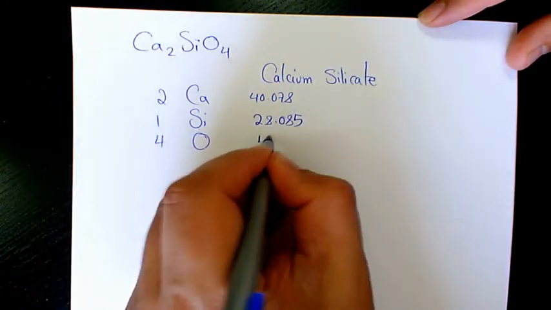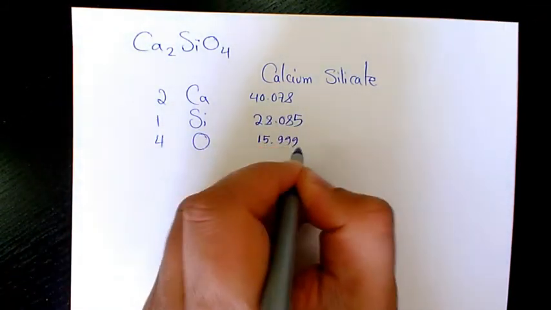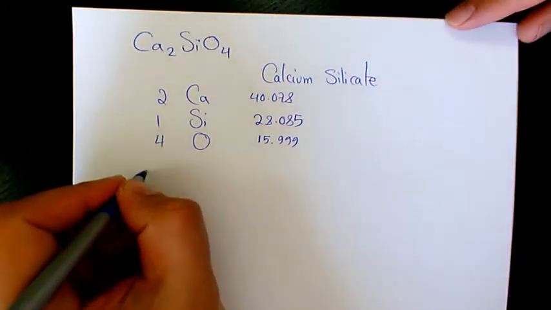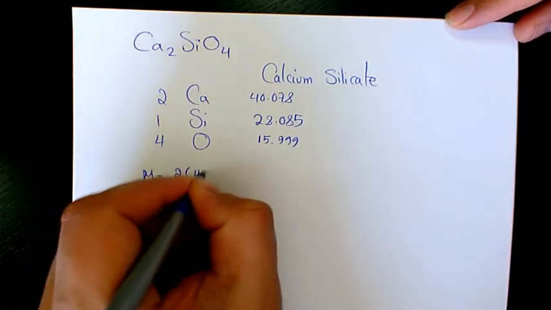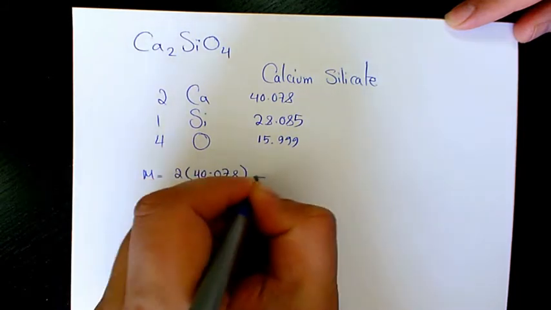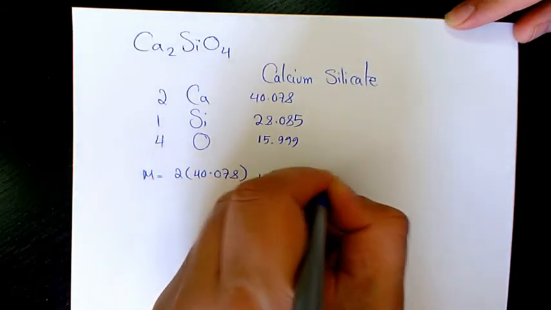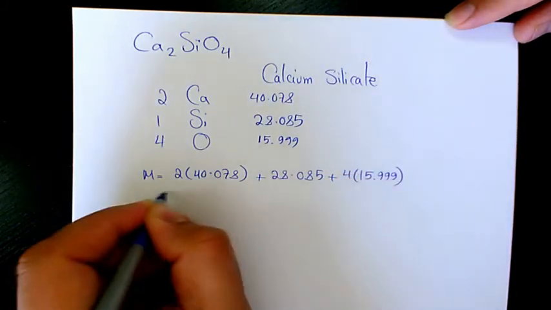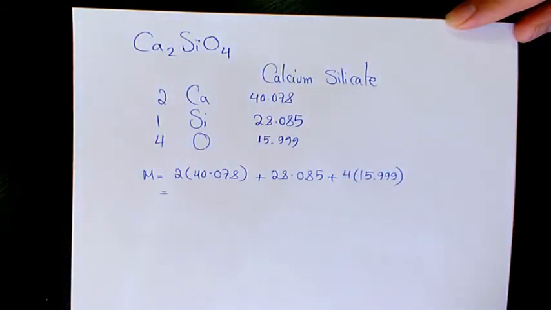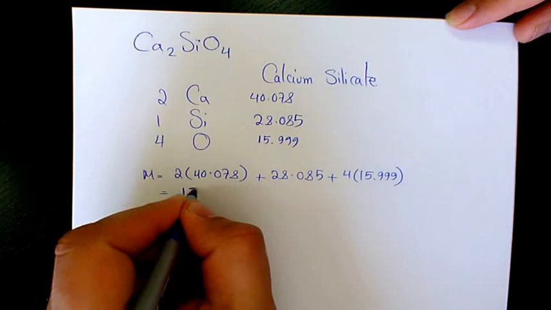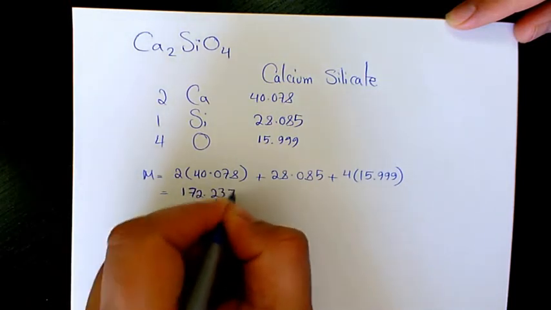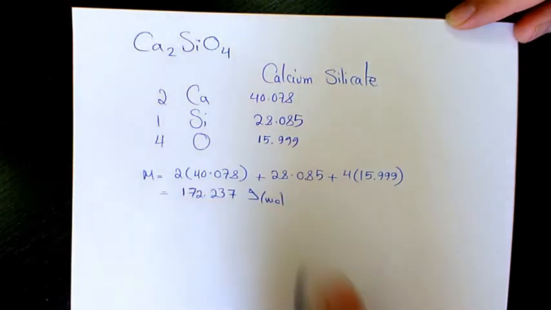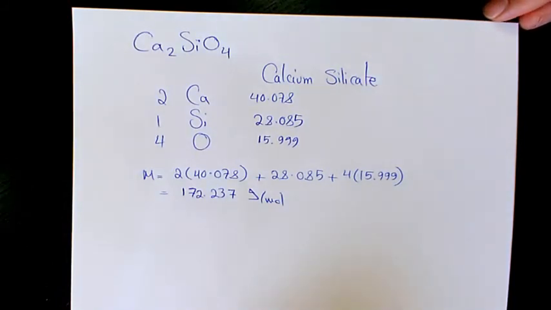Oxygen is 15.999. So molar mass is going to be 2 times 40.078 plus 28.085 plus 4 times 15.999. It's going to be 172.237 grams per mole. That's the molar mass of calcium silicate.